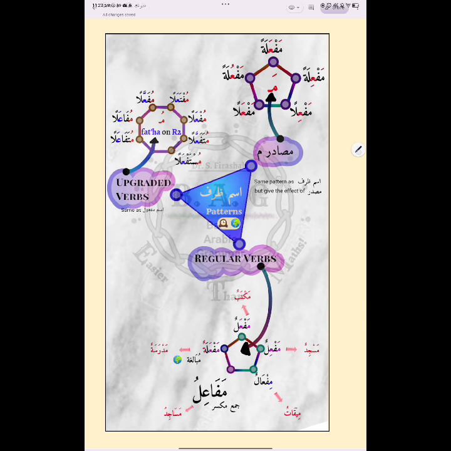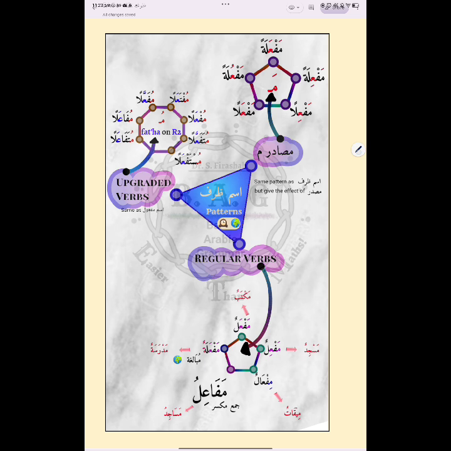Then the pattern that is used for mubalagha. So you've got maf'alatun. Any root letters that are used on the pattern of maf'alatun, for example, the root letters dal, ra, and sin, when they are used in the pattern of maf'alatun, they're going to become madrasatun.